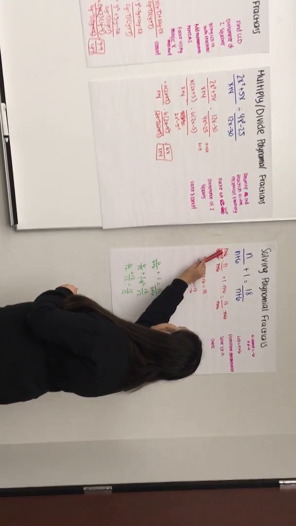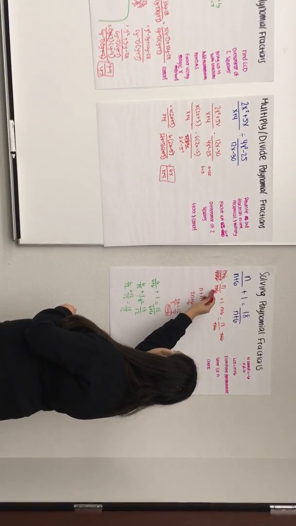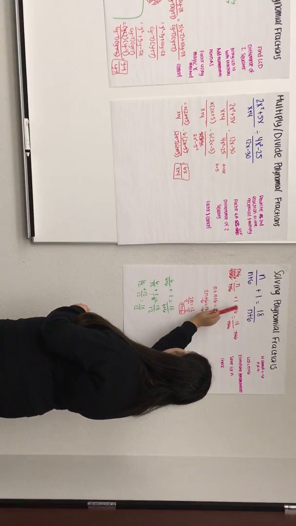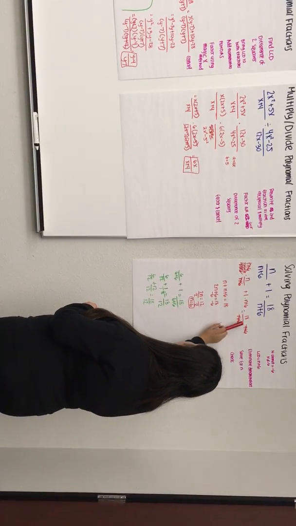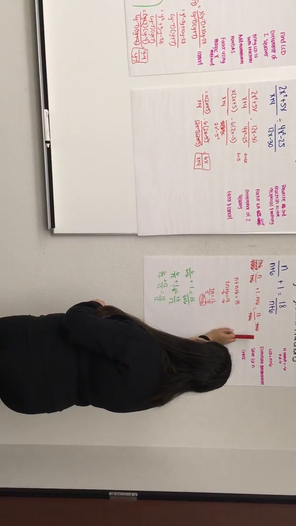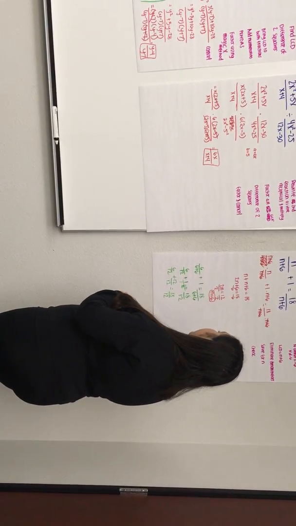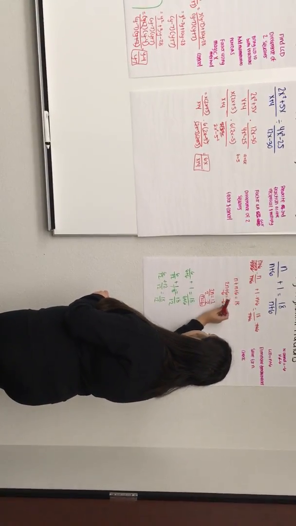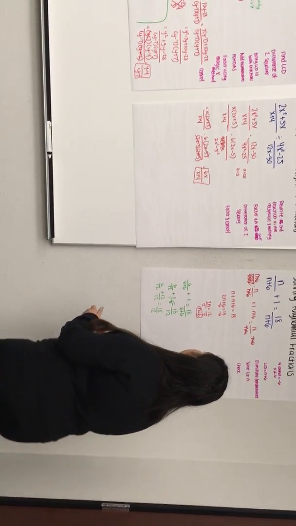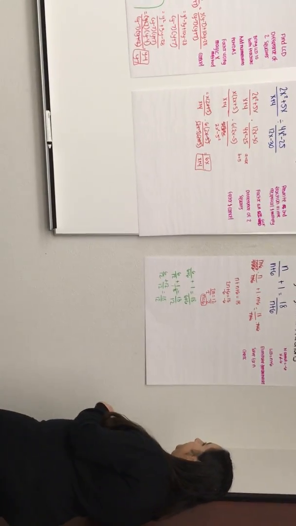So we have n plus 6 times n over n plus 6 plus 1 times n plus 6 equals 18 over n plus 6 times n plus 6. And then you just cancel them out. So then what you have left is n plus 6 equals 18.